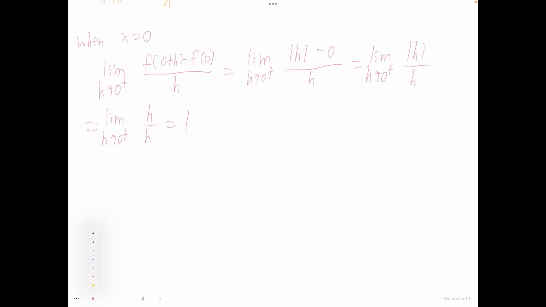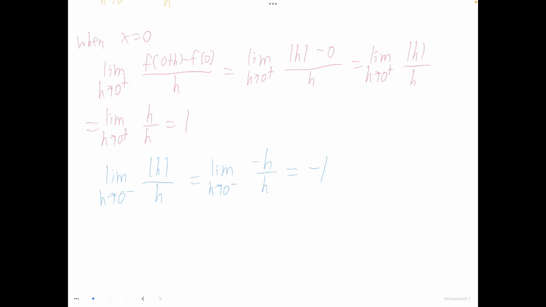But if we went from the left, we'd have the limit as h goes to 0 from the left. All of the math works out the same, so we have the absolute value of h over h. But now, because we're going from the left, h is a negative number, so this becomes the limit as h goes to 0 from the left of negative h over h, which is negative 1. And so notice, these limits don't agree.